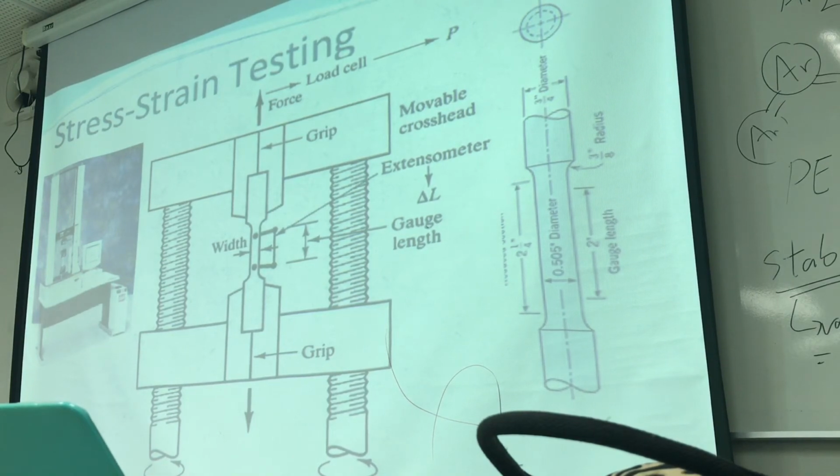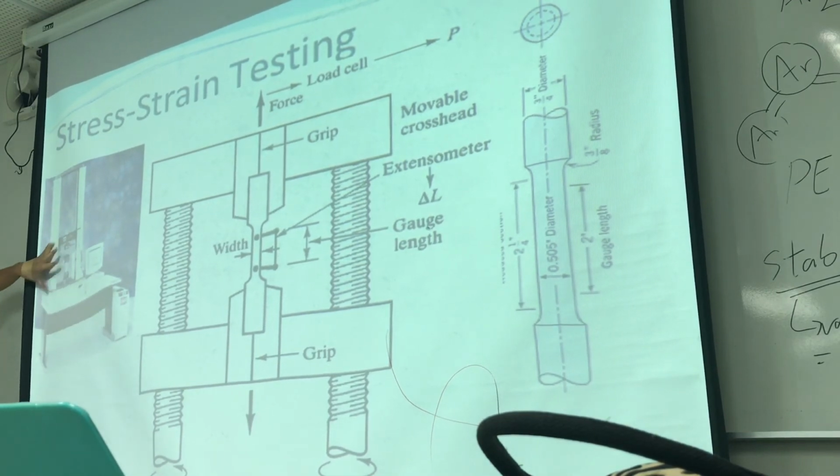We talk about stress and strain, and there is one kind of machine that can give you the data of both stress and strain. First, you need to prepare your sample. The way to prepare your sample is not perfectly easy, but it's not too hard. Let's take a look at what the machine looks like.